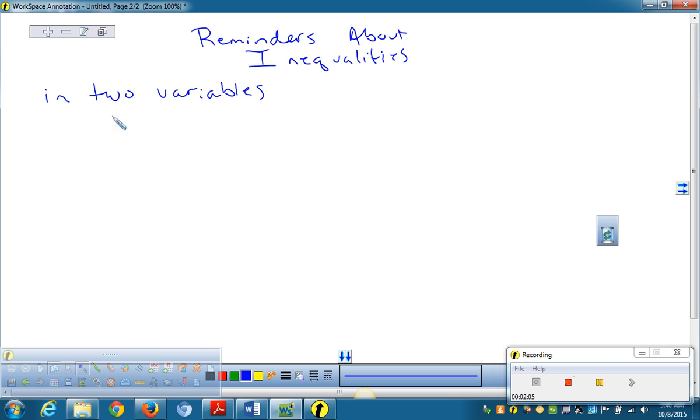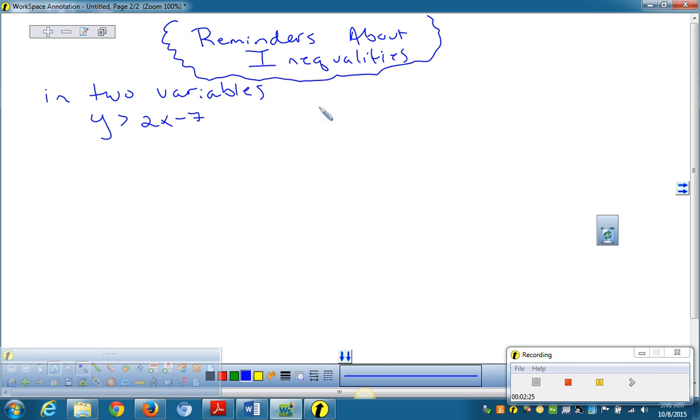So what does a solution to an inequality in two variables look like? When we have an inequality and I ask you to solve it, what's the solution look like? It's one inequality, so we have y is greater than 2x minus 7. So there is a line involved, but your answer is not the line. It's the part you shade.